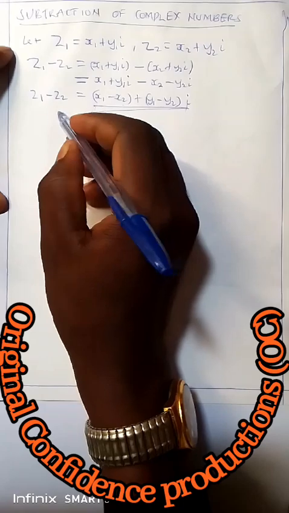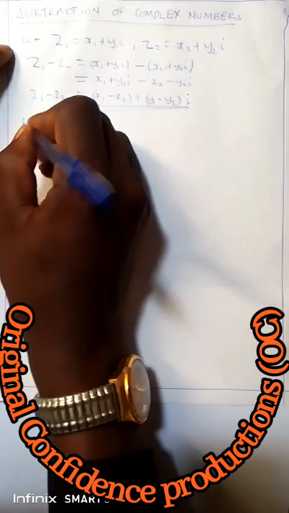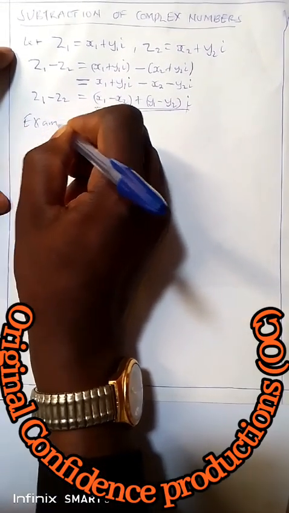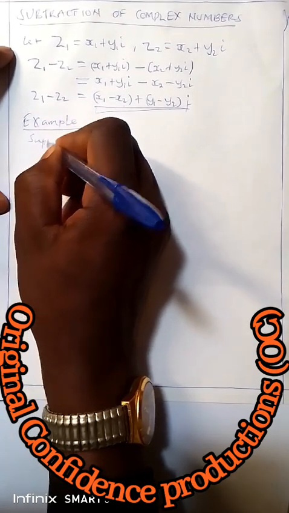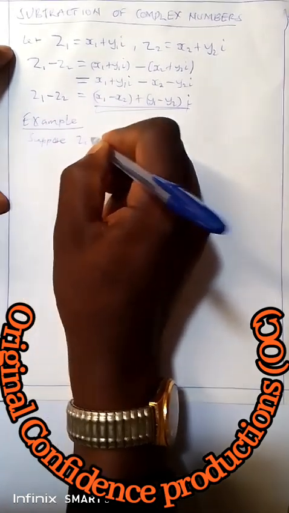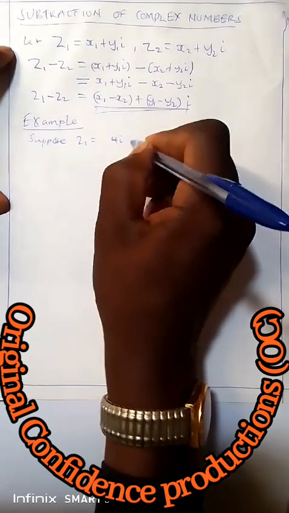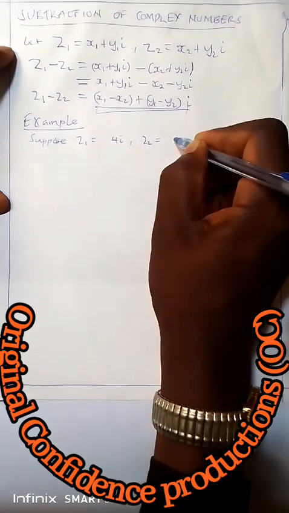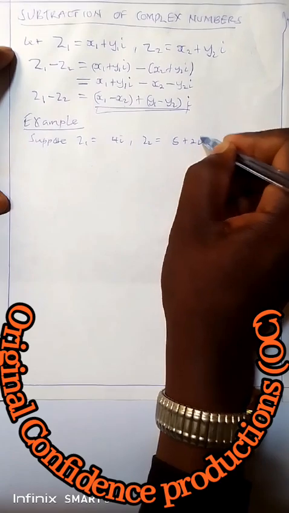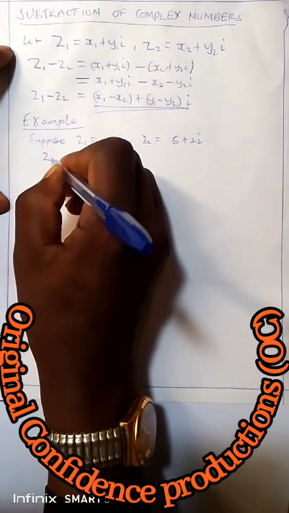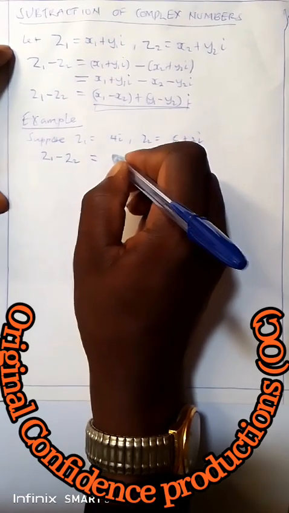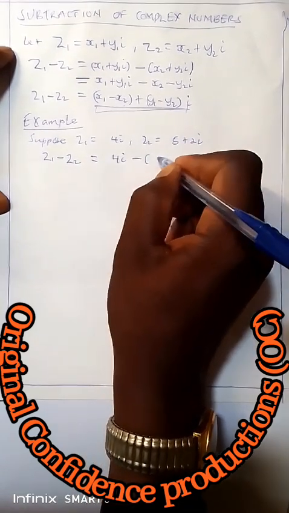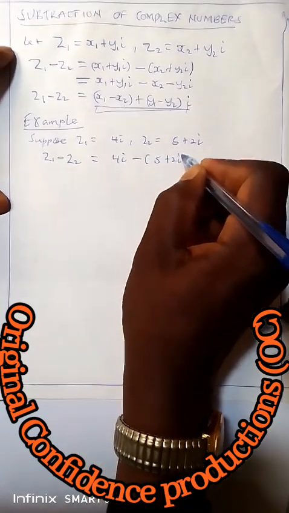This is in a case. We can have an example here. Suppose z1 equals 4i and z2 equals 5 plus 2i. So someone is interested in getting z1 minus z2. This becomes 4i, then minus 5 plus 2i.